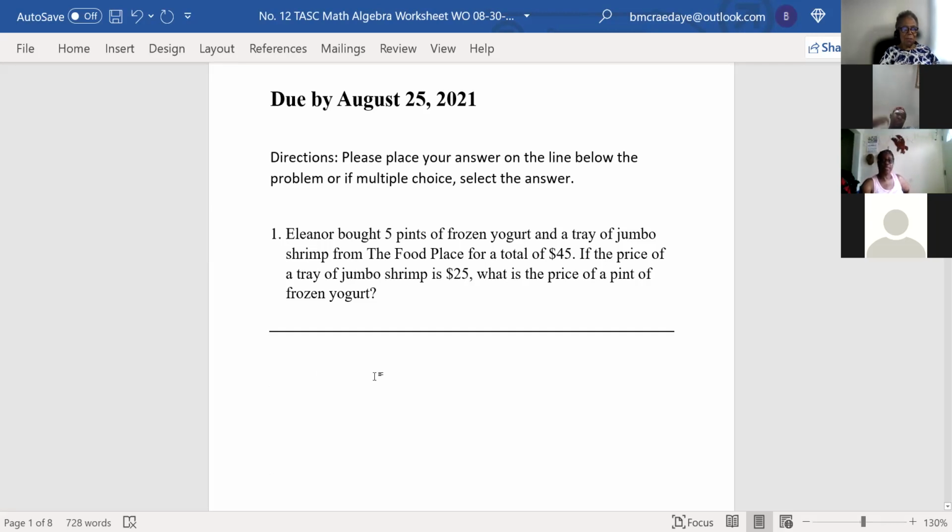First thing, since you know how much the shrimp costs, therefore you would minus 45 from 25. Well, the opposite, 25 from 45.